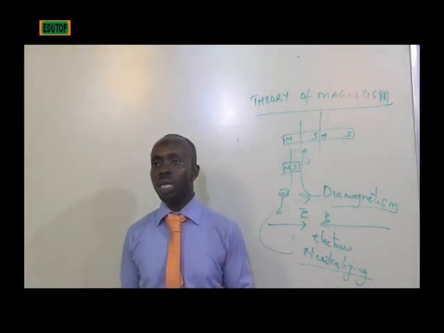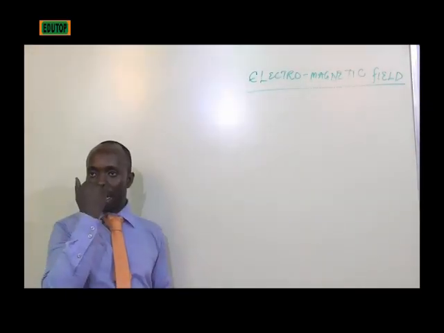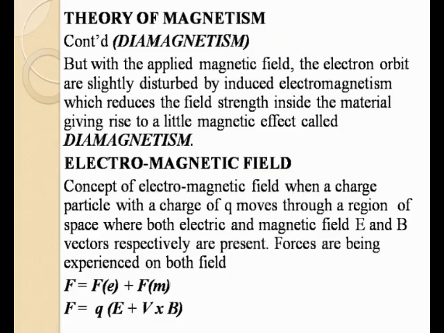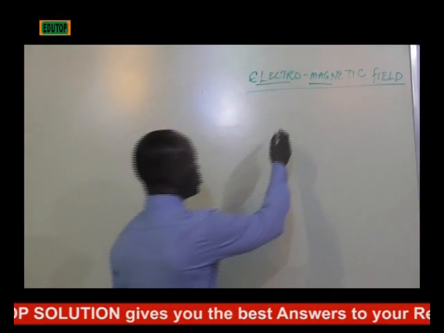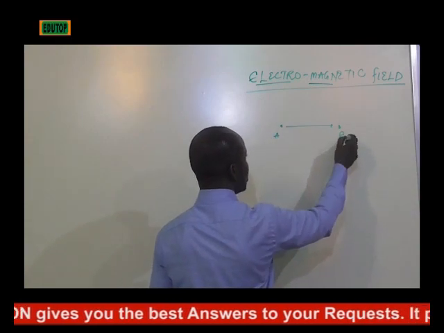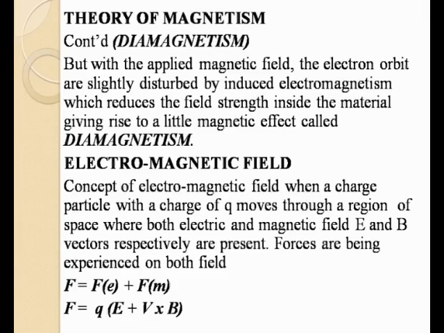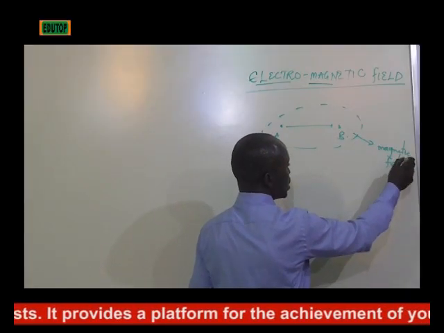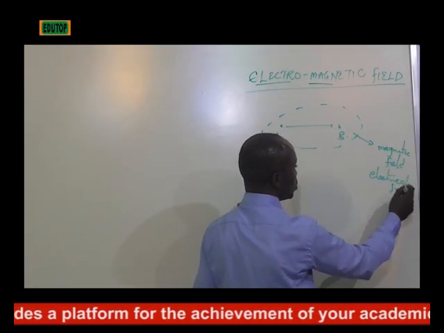In this section, we'll be dealing with a lot. Under that, let's look at the concept. When a charged particle with charge Q moves through a region of space where both electric and magnetic fields, E and B vectors respectively, are present, forces are experienced from both fields. Are you getting it now? So when your charged particle is moving from point A to point B, it is moving in a place that has both fields together, that is, a magnetic field and an electric field.